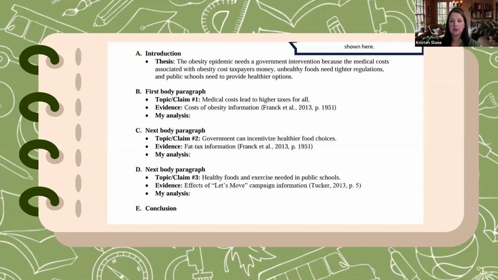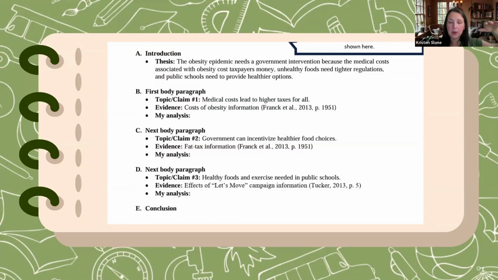Okay, so here's my claim. Here's the information or the evidence I'm going to use. And then here's my analysis of that evidence and whether or not it supports my claim. And then again, I'm going to do the same thing for each subsequent body paragraph. So the next paragraph is going to focus on my second claim from my thesis.